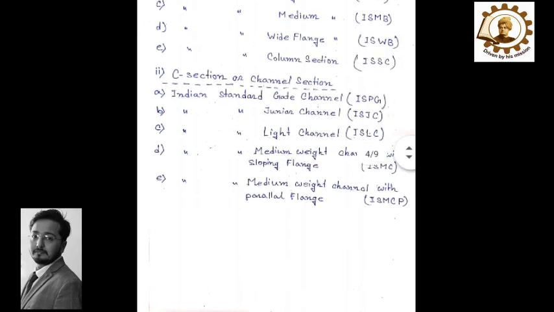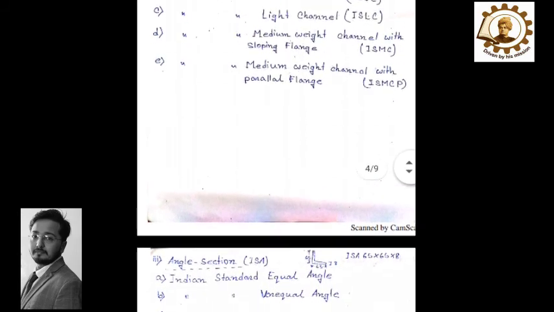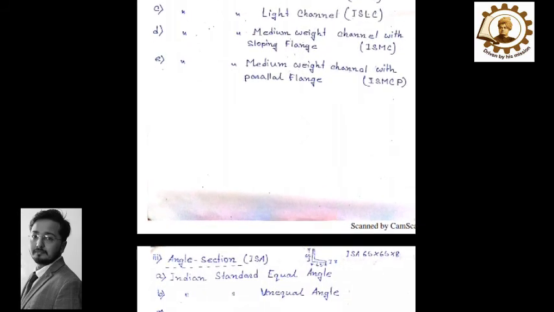Next is angle section. Angle section is denoted by ISA, Indian Standard Angle. There are 2 types of angle: Indian Standard Equal Angle and Indian Standard Unequal Angle.